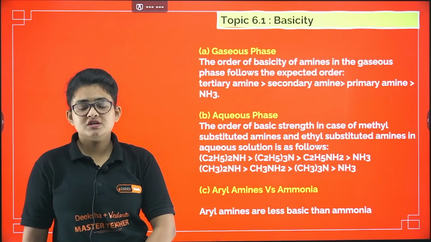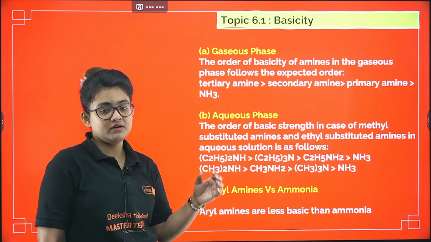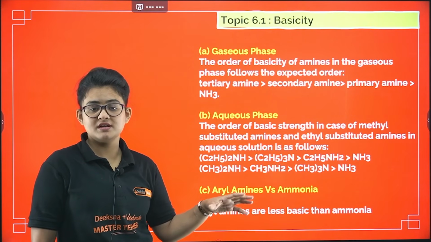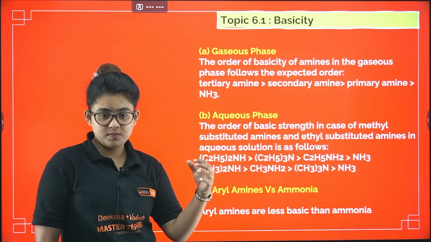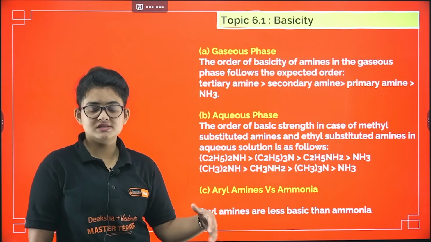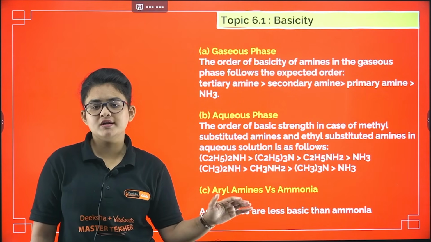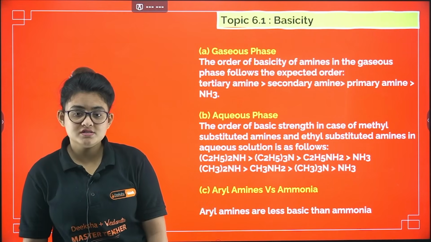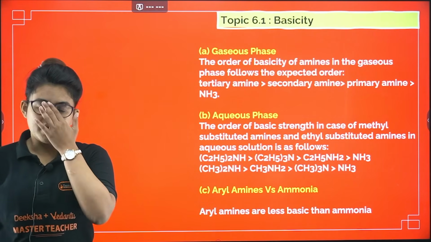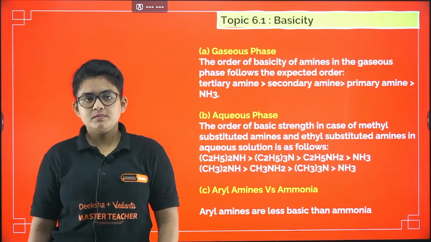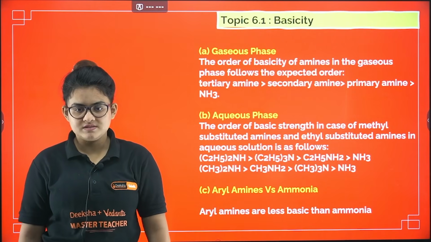Why? Because the tertiary amine has 3 alkyl groups that will push the electron towards the nitrogen, and that lone pair will be more available for donation, hence basicity increases. That is the normal trend. But whenever it comes to aqueous solution, there are different factors that predominate this basicity.